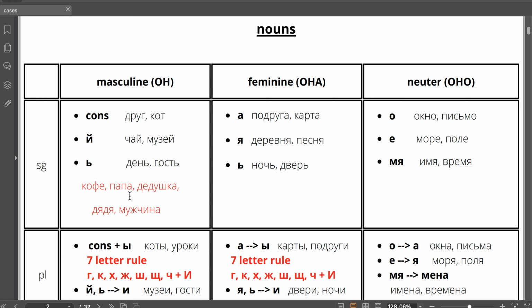They are obviously men, but they have feminine ending on. So are they masculine or feminine? They are masculine. They are natural masculine nouns. Dad, grandfather, uncle, and man. But they have feminine ending. So we need to really memorize them. They have feminine endings, but they are men. So they are still masculine.